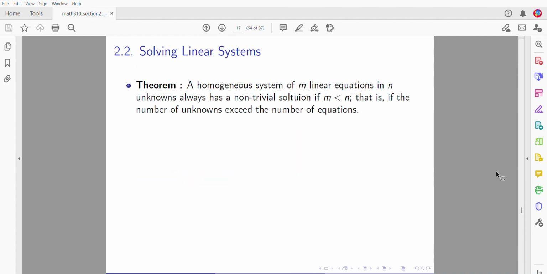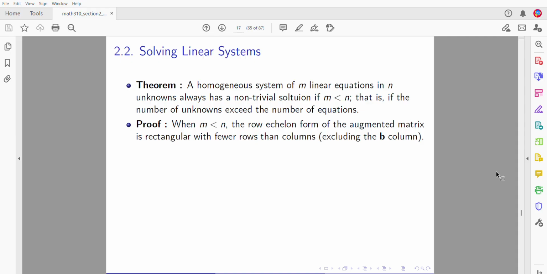So, the proof. When the number of equations is less than the number of variables, the row echelon form of the augmented matrix is rectangular, with fewer rows than columns, excluding the B column.